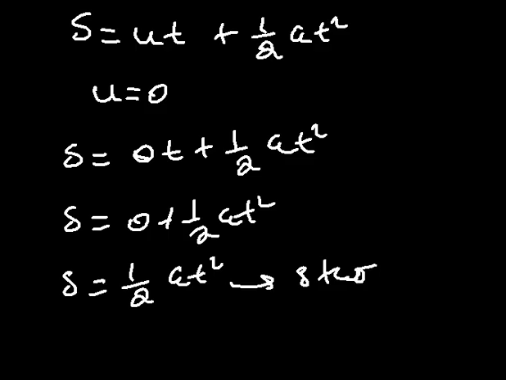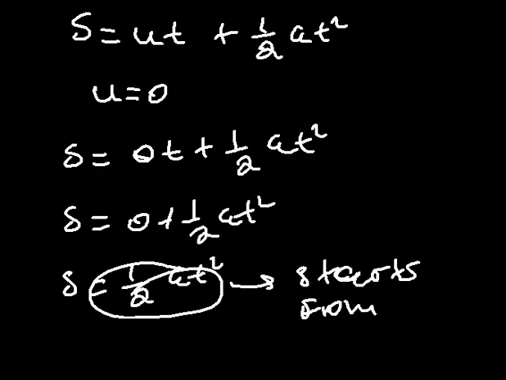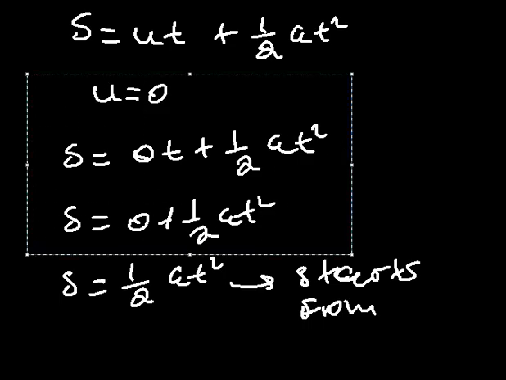So for the object that starts from rest, this is how the formula will be used, because the initial velocity is 0, the whole of this one will be given as 0. So keep that in mind. And that is for the object that starts from rest.